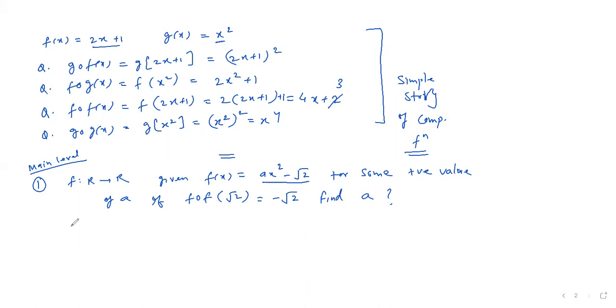Options are given here. I'll write the options. Root 2, 2, 1 by 2, 1 by root 2.